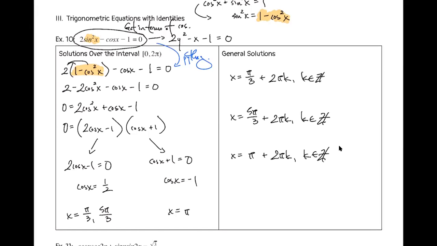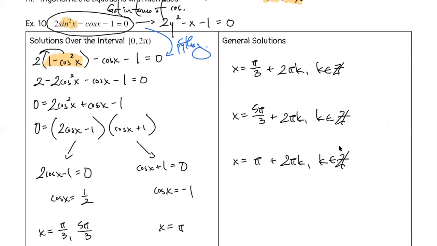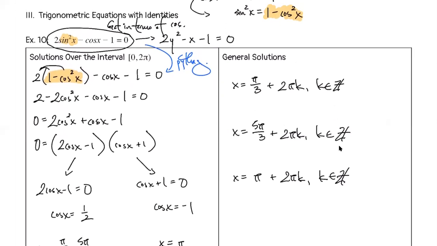Okay. So the thing that makes it a little bit more than example 9 and example 8 is just you have to get it into that factorable form in the first place, okay? So we use that Pythagorean identity there to make that switch.